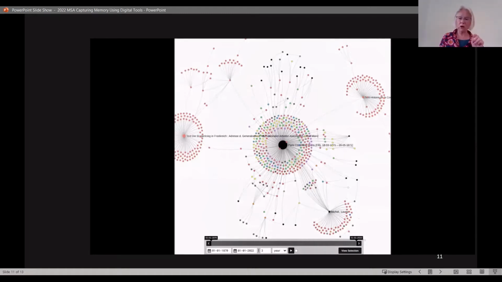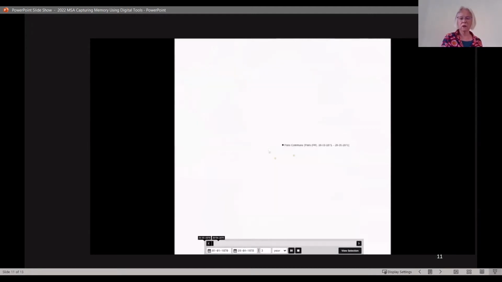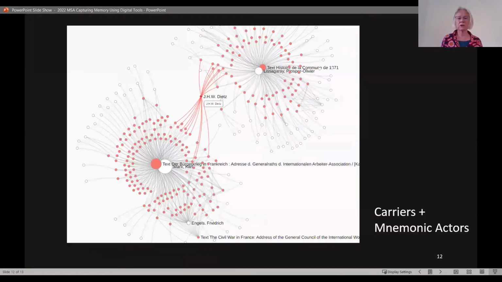As Stefan and I were working on the commune case, we realized that it looked as if Marx and Léger were operating completely independently of each other, and we couldn't quite make sense of this until we decided to include the publishers in our visualization.